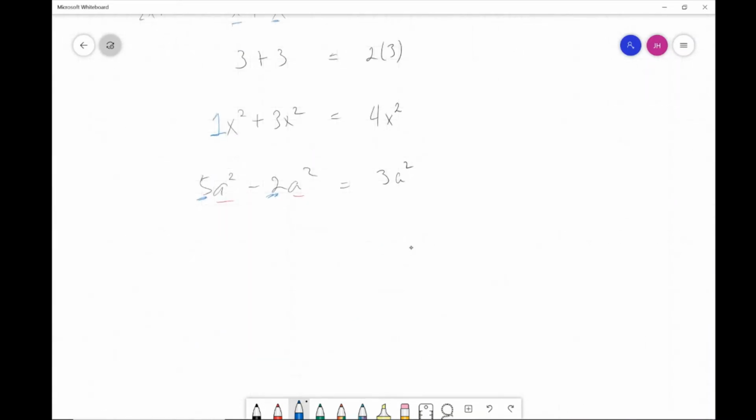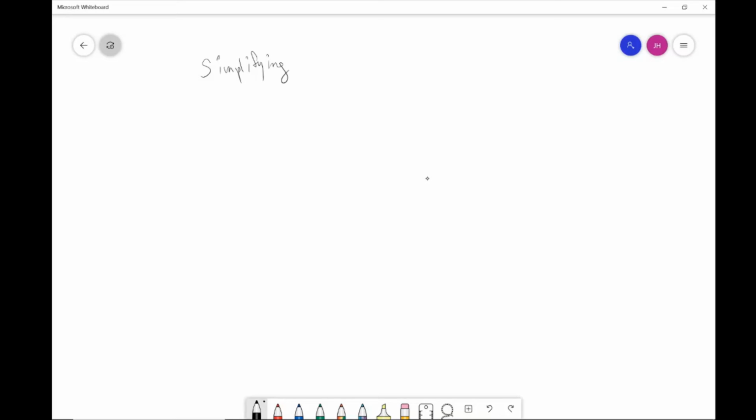Okay, now we'll continue with another exercise on simplifying algebraic expressions. For example, number 1, let's work on this: 8z minus 5 plus 2z.